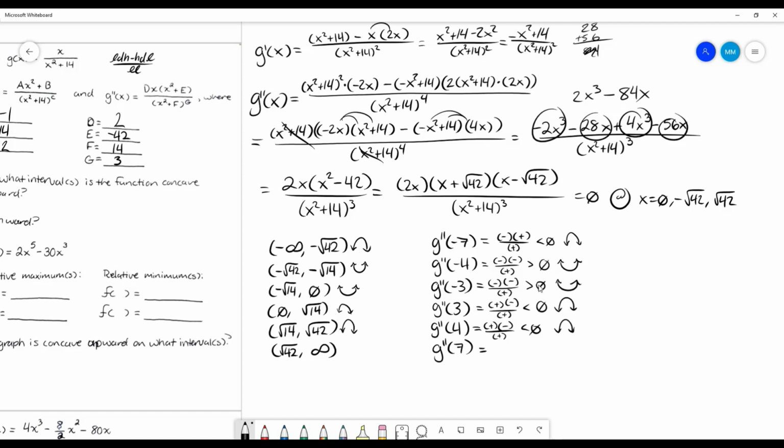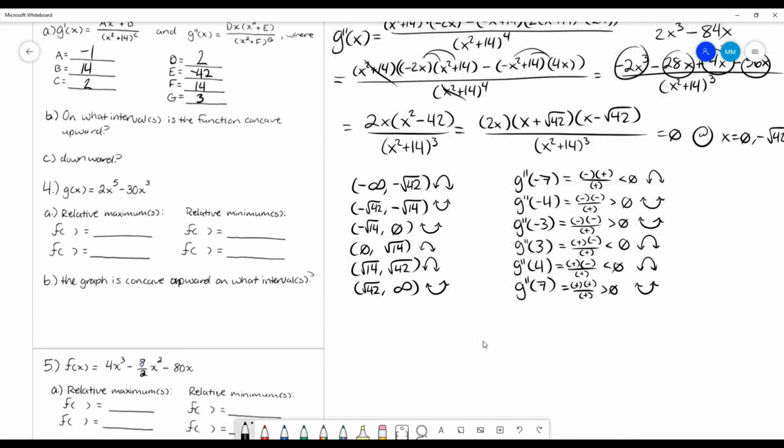And then I'm plugging in a 7, so it's positive and positive, so it's all positive. So it's all greater than 0, and therefore concave upward. Okay? Which means that it is concave downward.